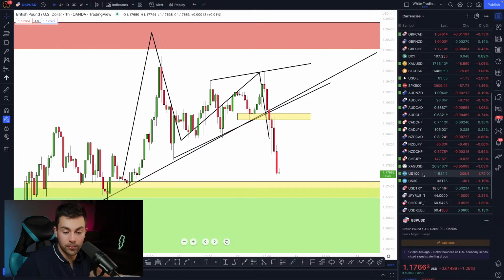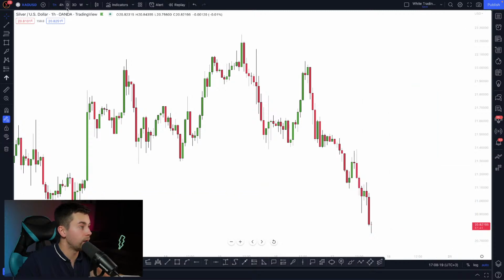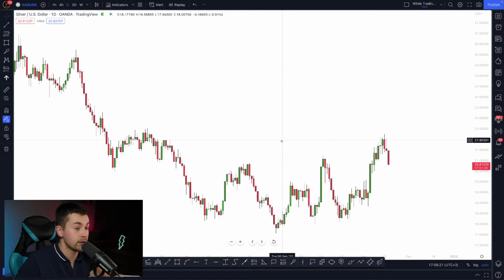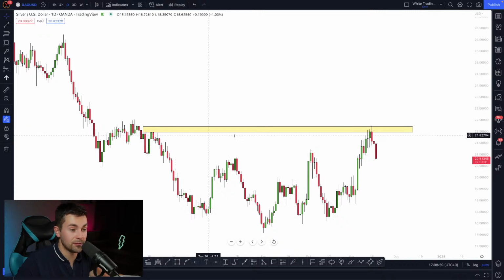Silver question from Chris about silver. By the way, Chris, have you checked the key levels here on silver? I guess you saw that recently silver reached that key level and then formed a bearish engulfing candle here on the daily time frame.